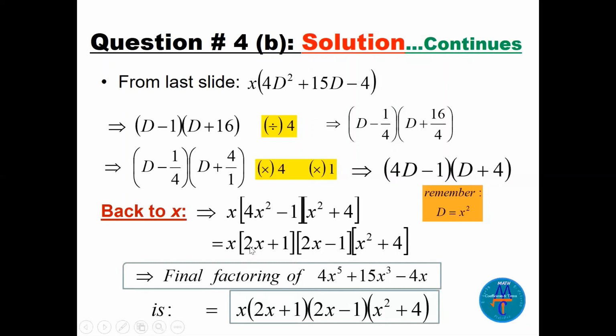So it becomes 2x plus 1, 2x minus 1. So the final answer is x, 2x plus 1, 2x minus 1, x squared plus 4. That's the final answer of this factoring. Now, if you have time, you want to check, multiply all this, you will get this answer here.